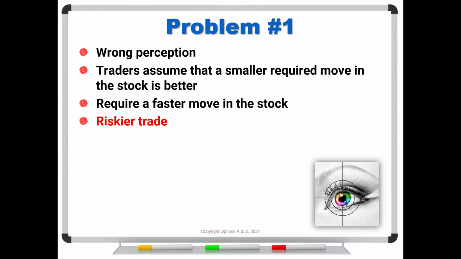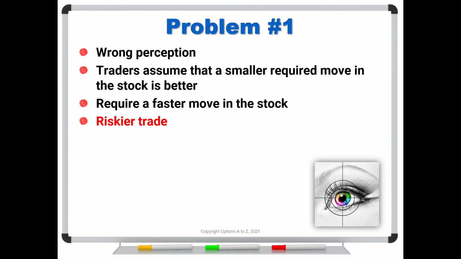So in a sense, it's like when some traders say that they're better off owning a penny stock because they can own a large number of shares. Well, the number of shares that you own has nothing to do with your returns. Let's say a penny stock trading for $1 has a much more difficult time rising $1 because that's a 100% move in the stock, whereas a $200 stock can easily move $1.